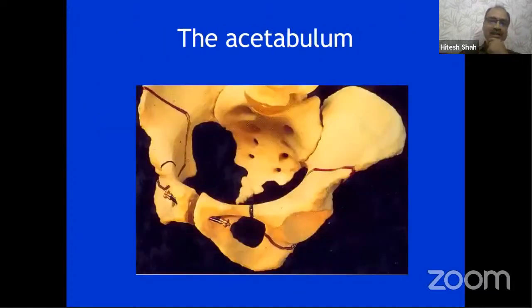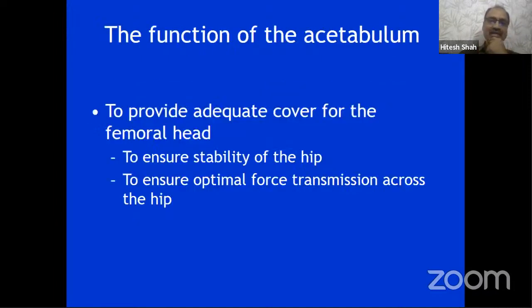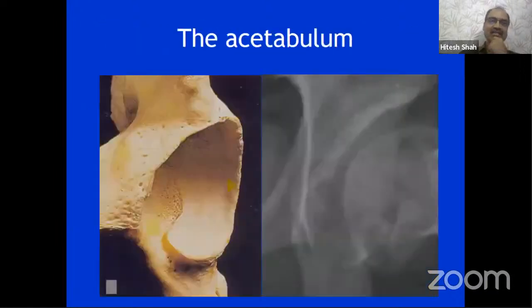For the understanding of the acetabulum, what is the function of the acetabulum? It provides adequate cover, it transmits the force across the hip joint, and it ensures the stability of the hip joint. So it provides adequate coverage for the femoral head. If you see the normal acetabulum, it is anteverted.